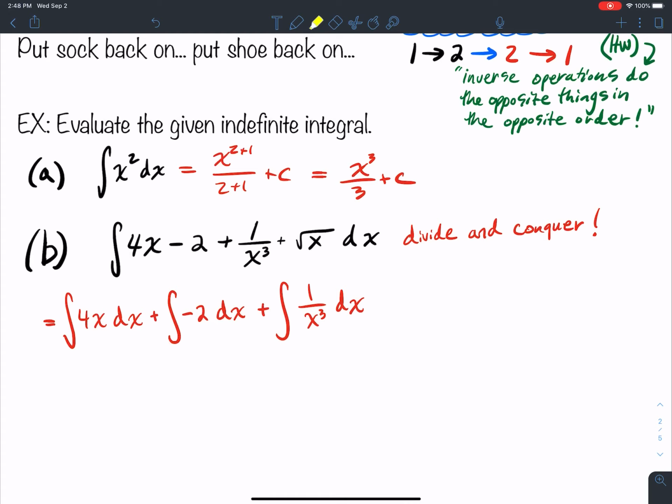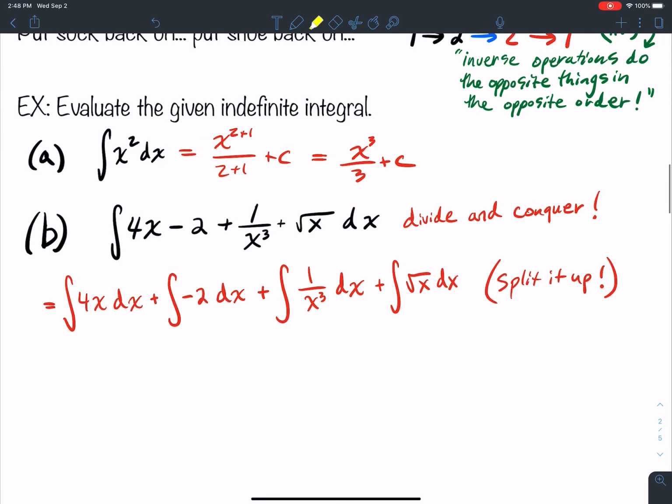And then the last one, the square root of x. So I have 1, 2, 3, 4 indefinite integrals. I'm going to do each one of them. So I've split it up, divide it, and conquer it. It's easier to divide things into pieces if you can, and then take on the individual parts of the problem. That way you can complete the complicated mess.